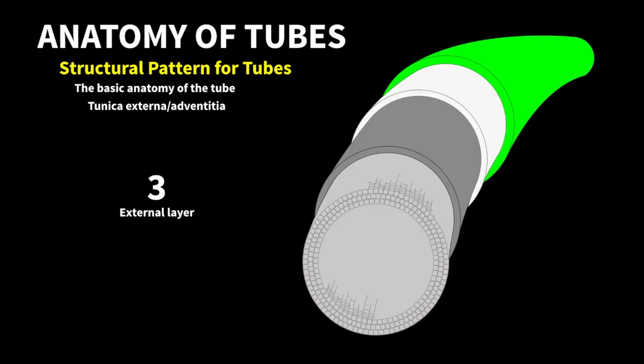The term adventitia comes from the Latin and translates as to come from the outside, which then is also a logical name. This tunic ranges from a very thin to a relatively thick layer of dense, irregular, fibroelastic connective tissue. It reinforces the tube and supplies the tube with nutrient-carrying blood vessels.